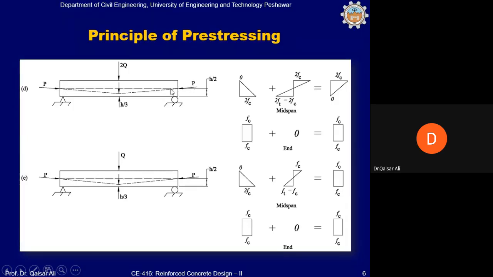it will apply a pre-compression force here, and the bending moment will vary along the length of the beam because of this eccentricity. You have no eccentricity here, so P times E, this M, is 0 here, and you have M equal to P times E here. So in this case, the bending moment will be like this.